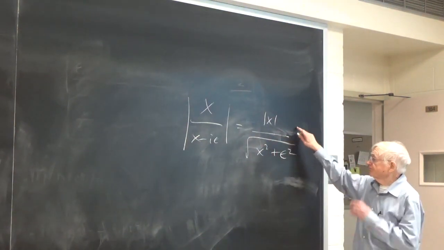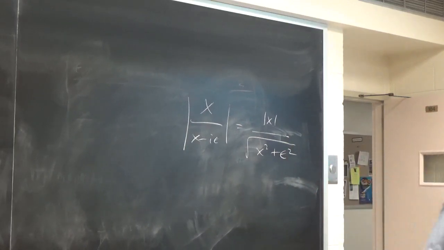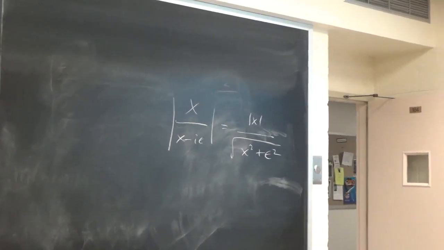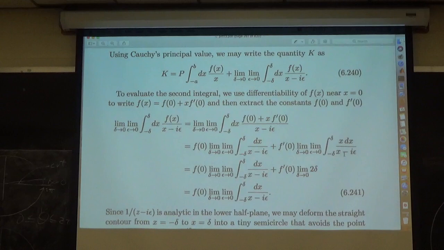And so this is something that's of order 1, and in the limit of epsilon going to 0, it's exactly 1. And so we have the integral of 1 from minus delta to delta, and that's just 2 delta. But we're also taking the limit of delta going to 0. So this whole thing is 0.